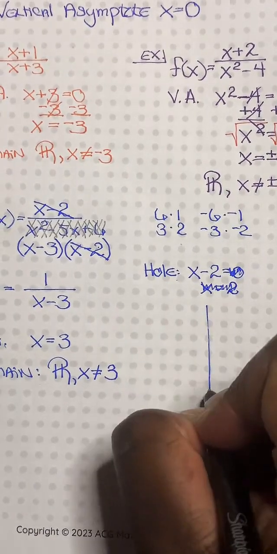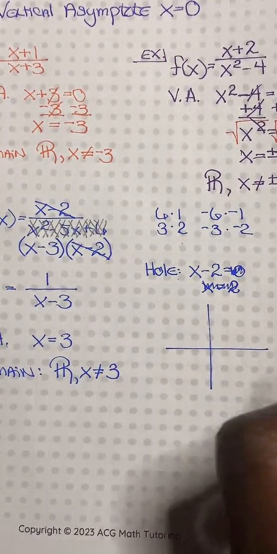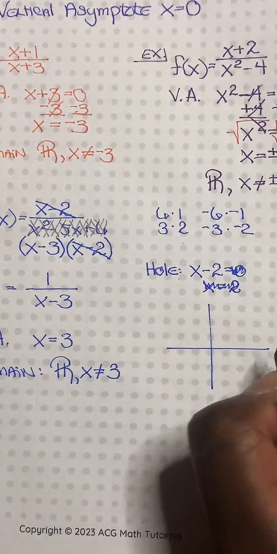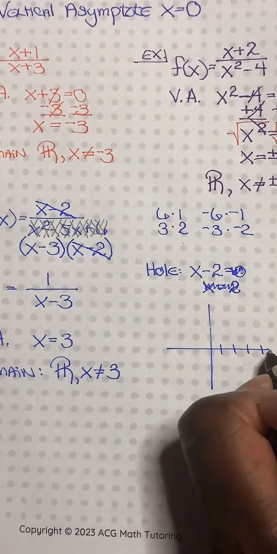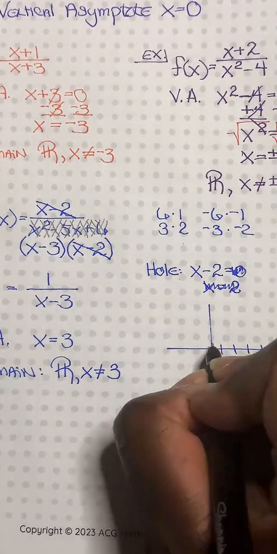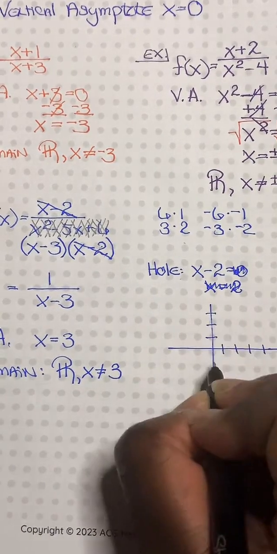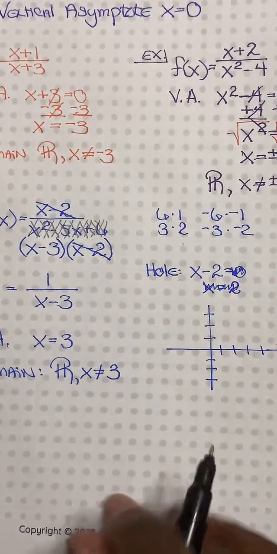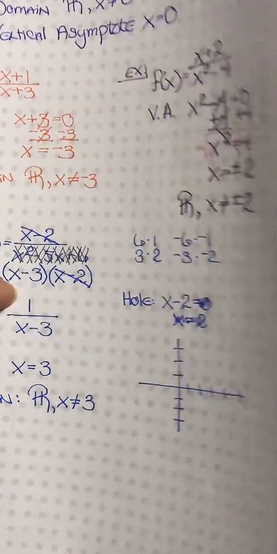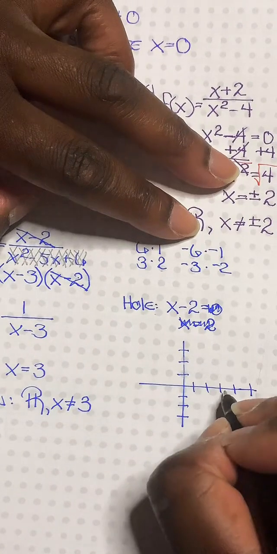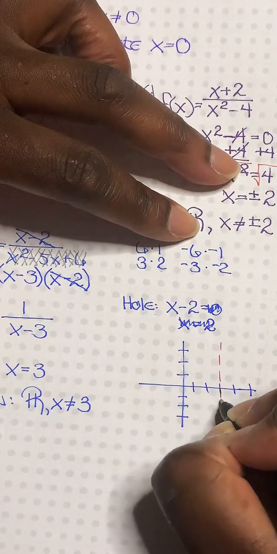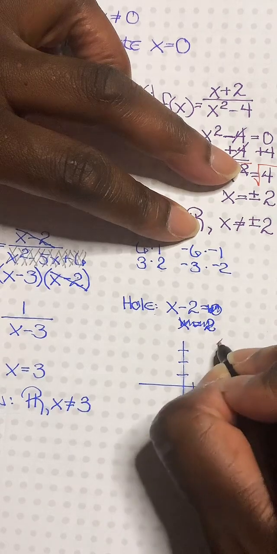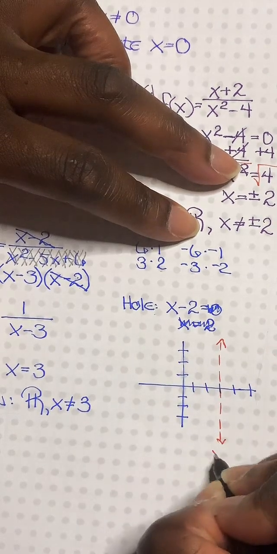If I graphed it really quick as a sketch, let's go 1, 2, 3, 4, 5, 1, 2, 3. All right, so we know that there is going to be a vertical asymptote at x equals 3. So that's my red boundary line.